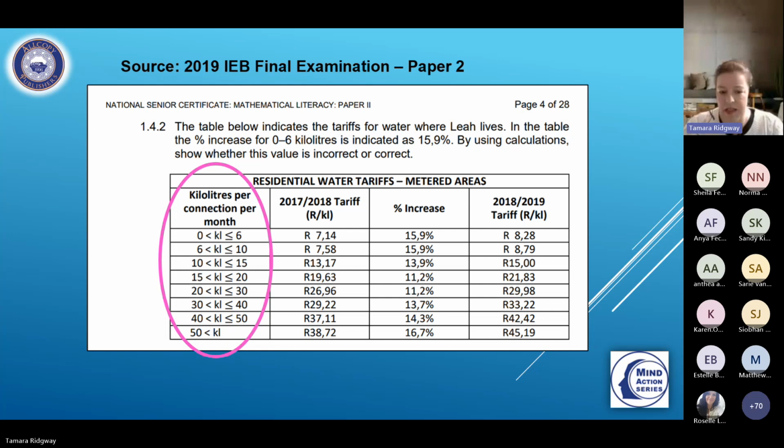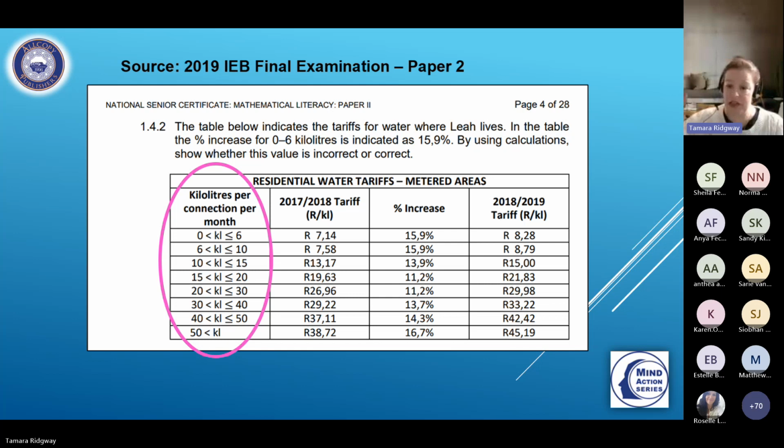In the IEB final examination in paper 2, and this was the question. These are all in your notes, so you can have a look at them. But this is obviously what we're going to focus on.